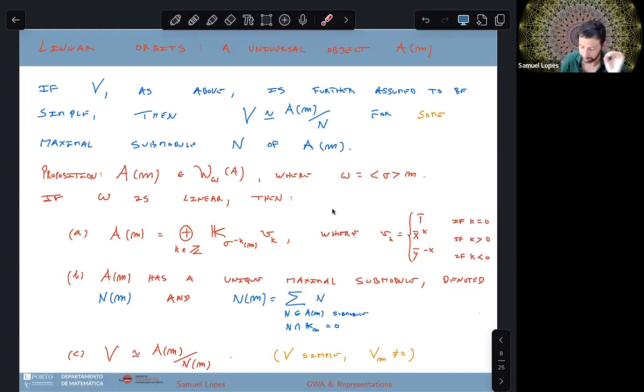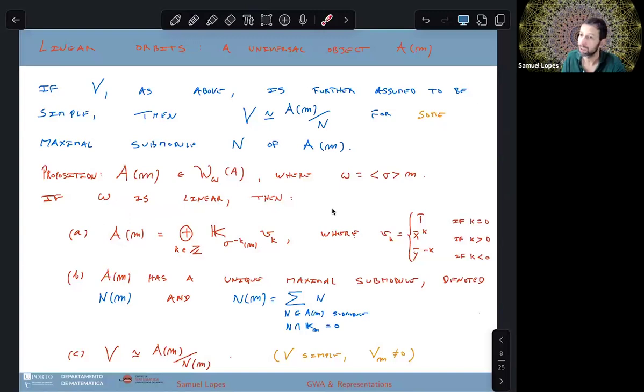Before I move on to give you an idea of how this is proved, let me capitalize on this. This means that if I'm interested in simple weight modules, in the case of linear orbits, I have this object, which is not too complicated to describe. And this has a unique maximal submodule.